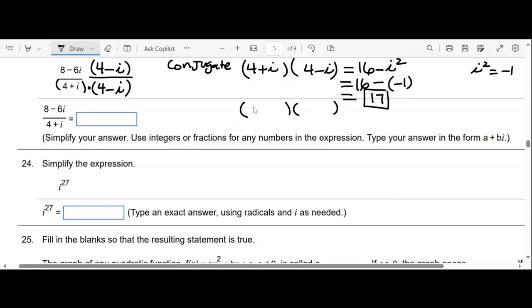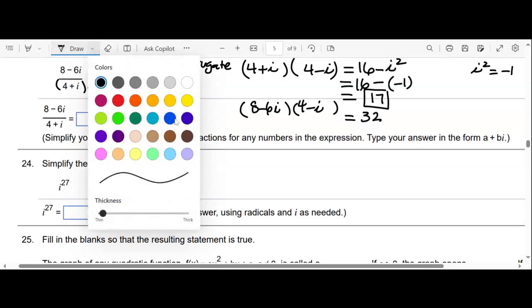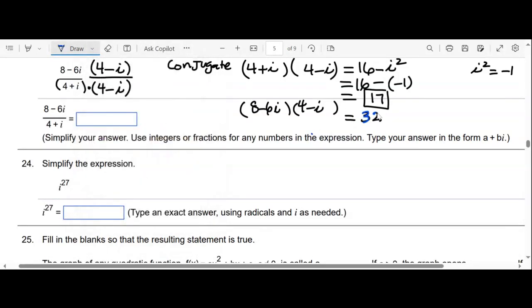We have to multiply the top too. 8 minus 6i times 4 minus i. 8 times 4, 32. Plus 6i times 4, minus 24i, and then minus 8i, plus 6i squared. How much is i squared? Minus 1. So this is minus 6.